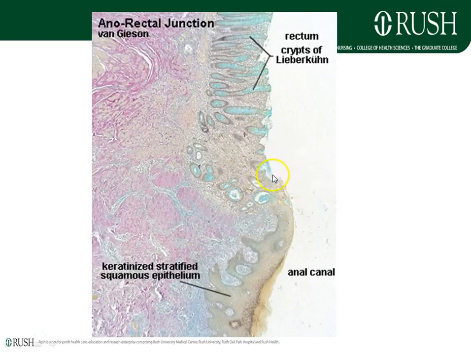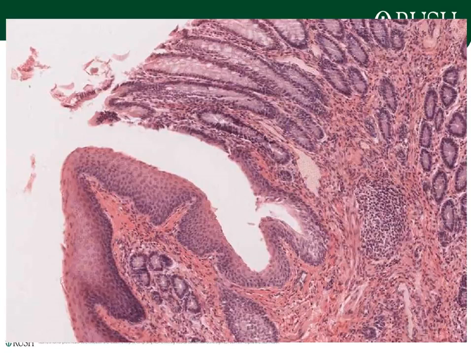Here you have simple columnar, and then it changes right there into the stratified squamous of the anal canal. This is from our own slides selection, where you can also see these colonic glands of the rectum, and then you have that abrupt epithelial transition here, and this would be the anal canal down here.